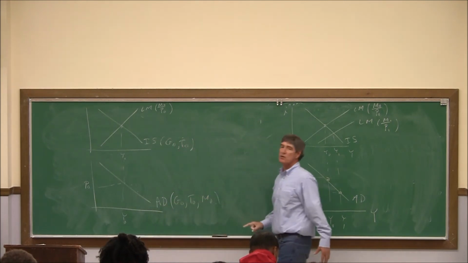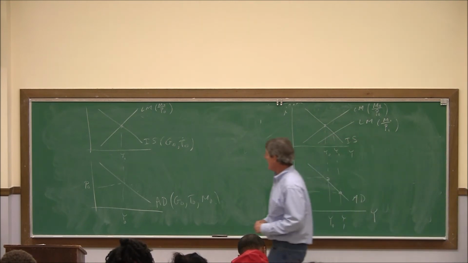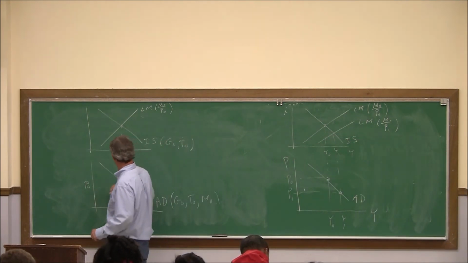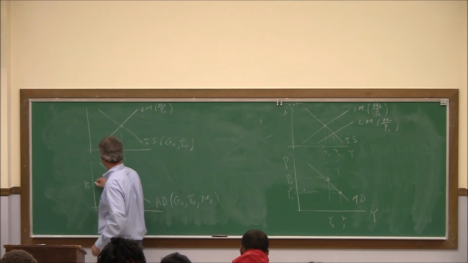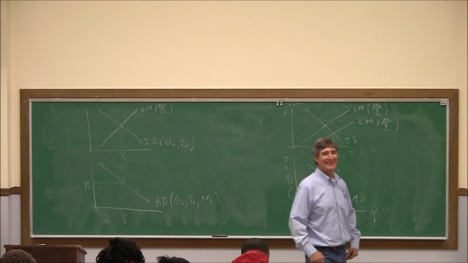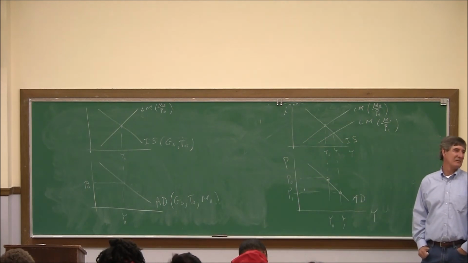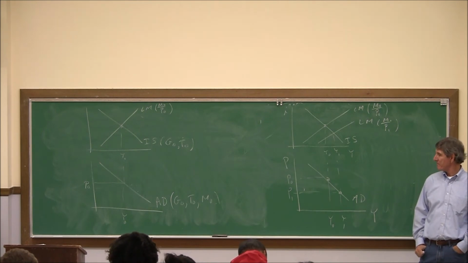If any of those things change, that aggregate demand curve is going to move around. And I should probably emphasize, since it's important, that this is not a horizontal line. It's got a good slope to it.